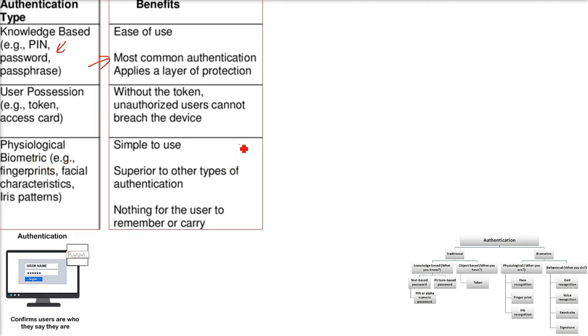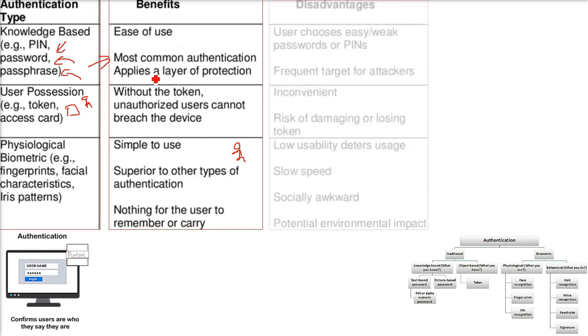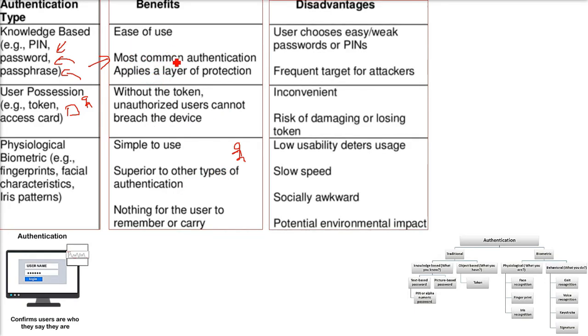Of all other authentication, this is the best one, and nothing for the user to remember or carry. In user possession, if you give it to somebody else, or somebody snatches it from you, he can enter. If somebody steals your password, he can enter. But biometrics is very special. It's only for you.